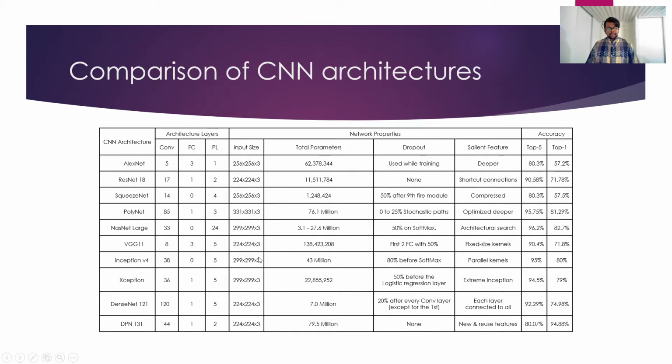Now let's have a look at some other architectures. Here is an overview, a comparison of CNN architectures. We have 10 CNN architectures here, which have different numbers of convolution layers, fully connected layers, and pooling layers. They have different numbers of total parameters.